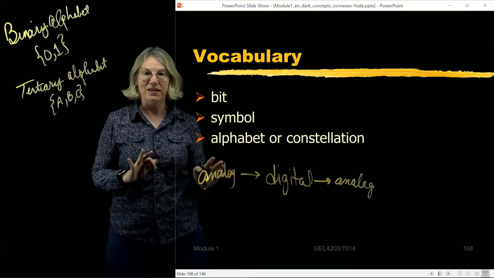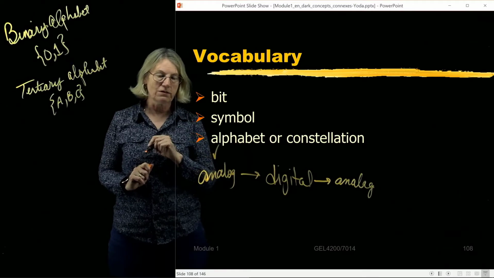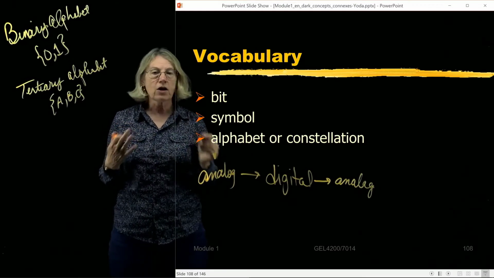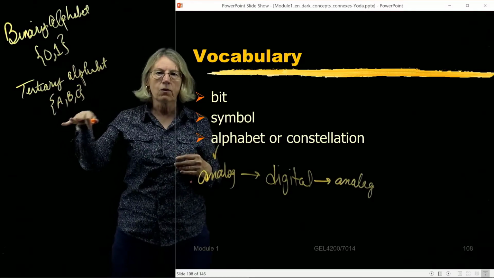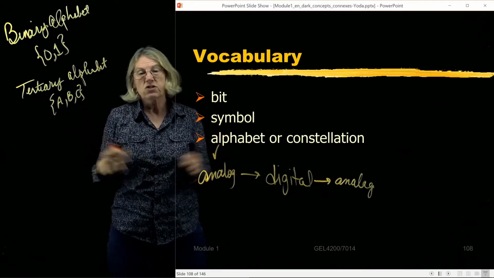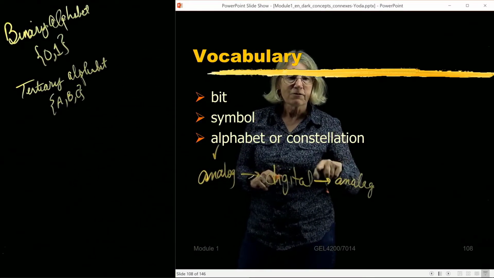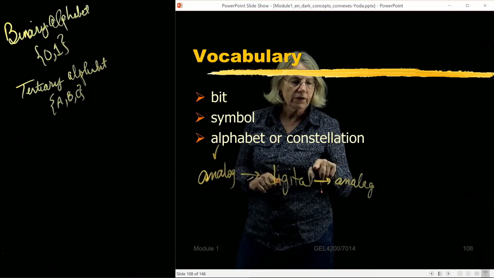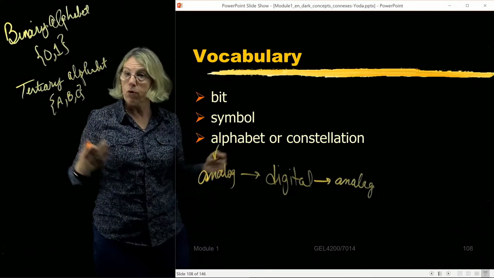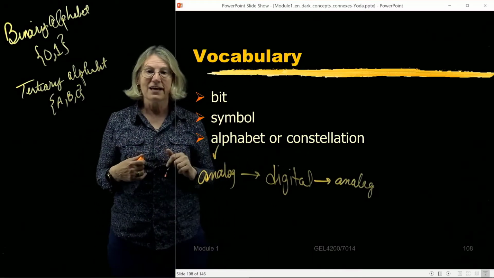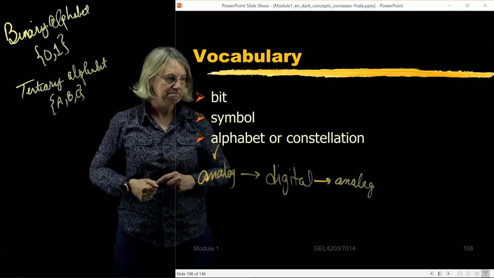And so when I talk about these, I'm going to start out my discussion talking about how do I get from analog to digital. So how do I go from an analog signal like voice into some sort of alphabet where I've divided things up? How do I do that? And so that's kind of straightforward. And then I'm going to talk about this other transition from digital to analog. And so this is going to be a discussion of what we call line codes and waveforms. What waveforms can we use to represent these concepts, these digital representations of the data.